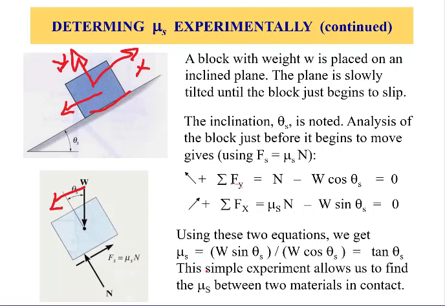Solving these two equations will lead us to a relationship between mu s and tan theta s. So with that you can see that mu s can be found when the object starts to move at an angle theta s.